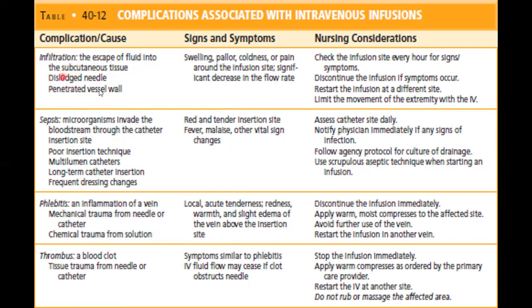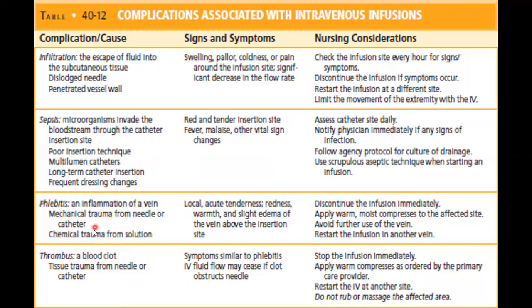It means that the needle has dislodged, it is leaking fluid into the tissues. Then another complication is sepsis, where microorganisms invade the bloodstream through the cannula. You can also have phlebitis, which is an inflammation of the vein, due to mechanical trauma from the needle catheter, or chemical trauma from the solution.